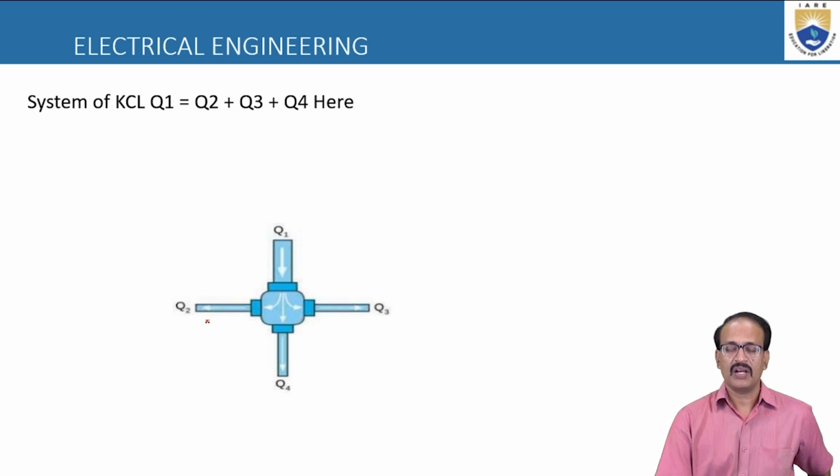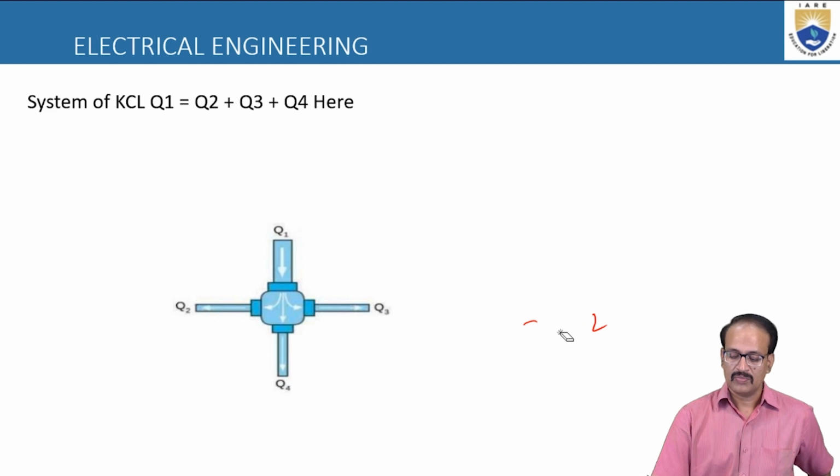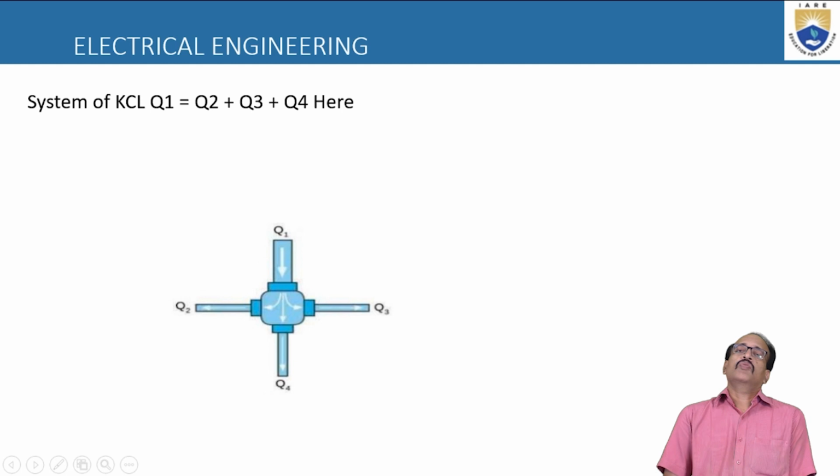But if you add all these things, it will be 0. The charge entering, even though it is only one, is equal to the charge leaving, that is Q2 plus Q3 plus Q4. So this is what Kirchhoff's current law says.